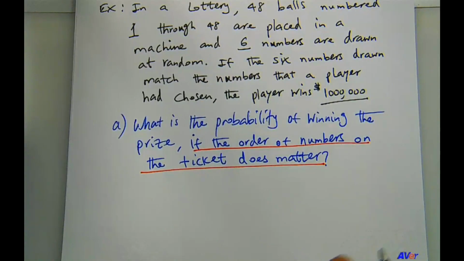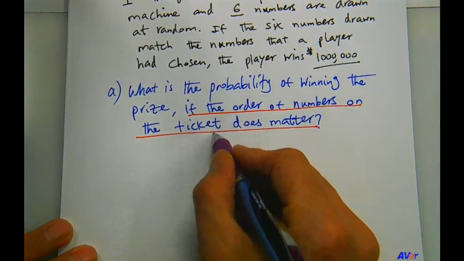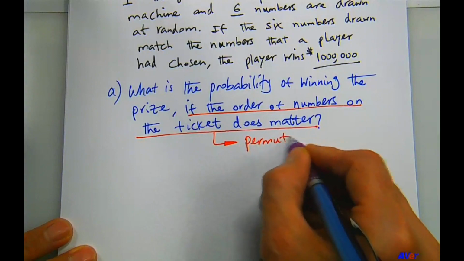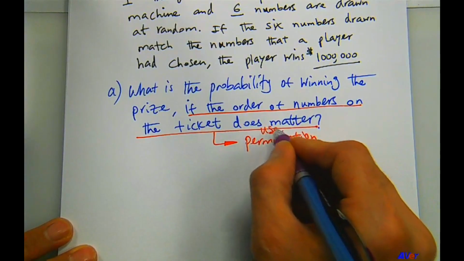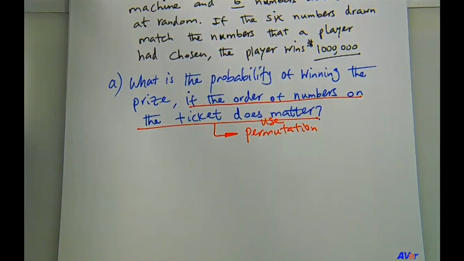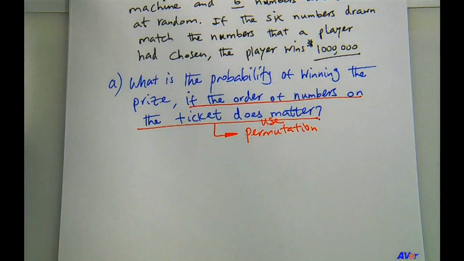Great, so they are telling us to assume that order matters. That's all we need, because then we know it's the permutation that we need to use. So use the permutation calculation. We know exactly how that works. I'll show you both using the calculator and the reasoning method.